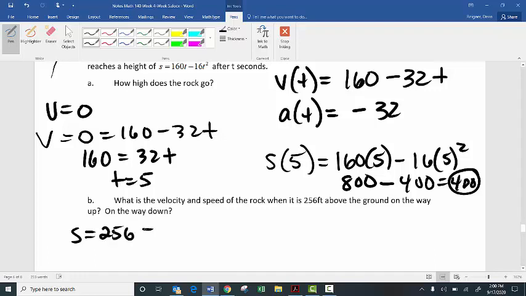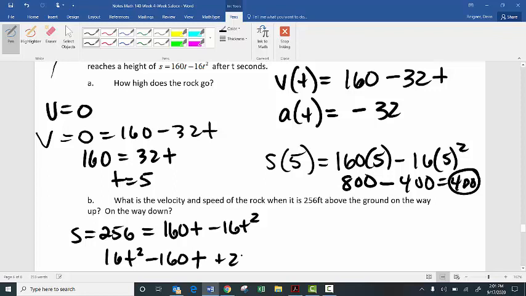All right. So we set that equal to 160t minus 16t squared. So what I'll do is I'll get a 0 over here, so it'll be 16t squared minus 160t plus 256 equals 0. All right.